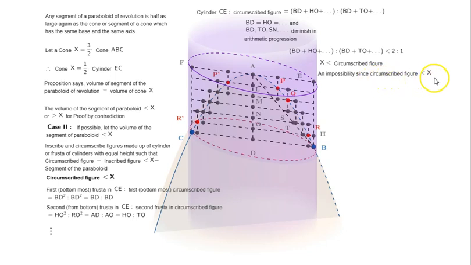Now, since the segment of the paraboloid is neither greater than X nor less than X, it is equal to X. That means the segment of the paraboloid is equal to 1.5 times the cone ABC. So that was proposition number 21, 22 of the works of Archimedes, specifically from On Conoids and Spheroids.